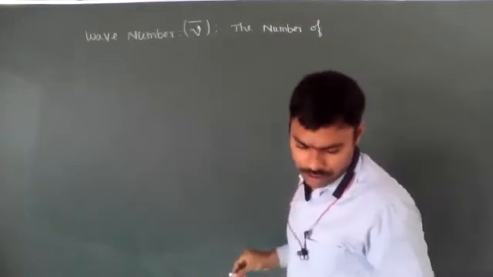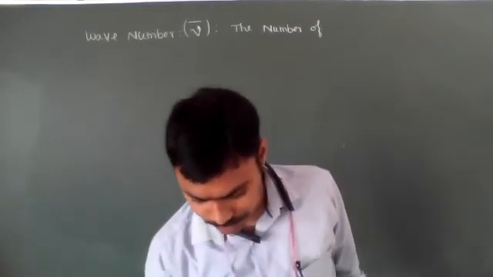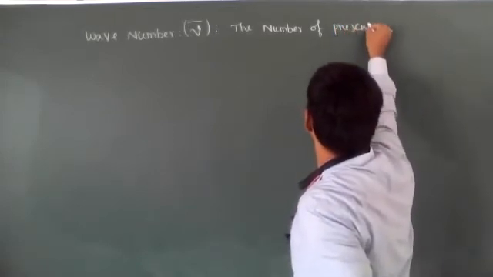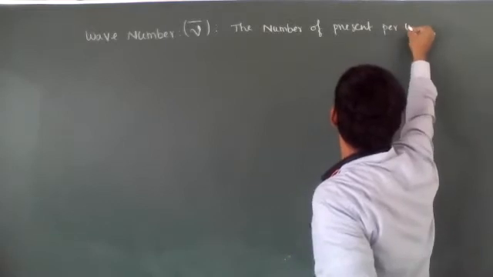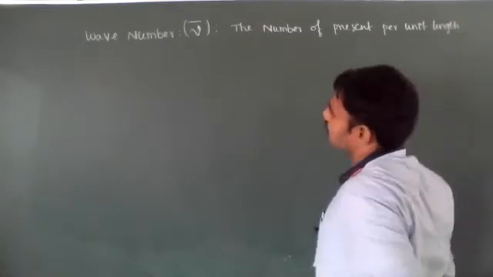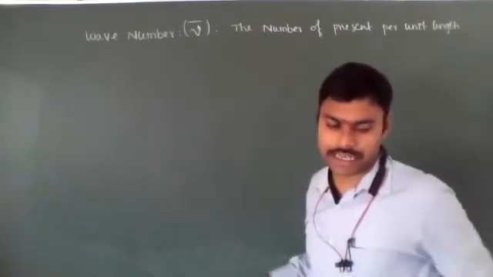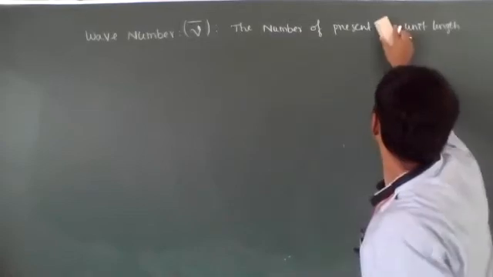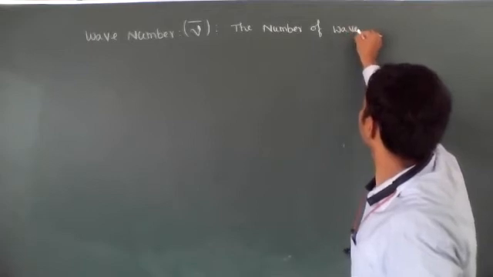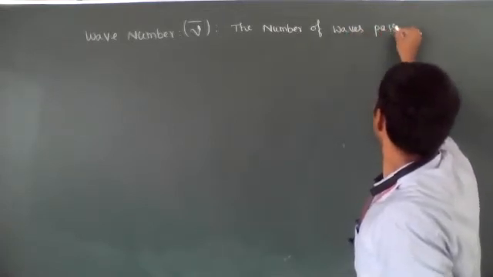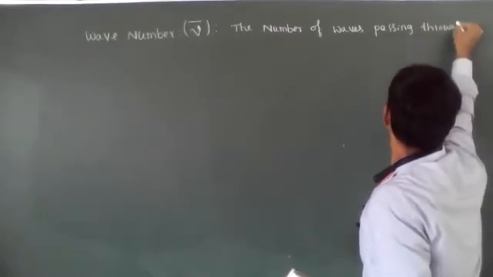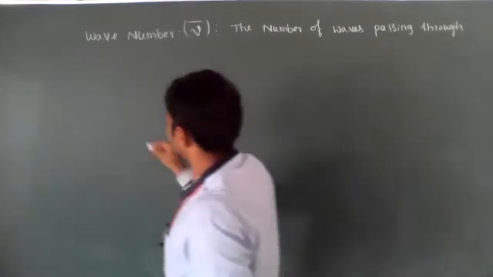The number of waves present per unit length, the number of waves passing through a unit length.